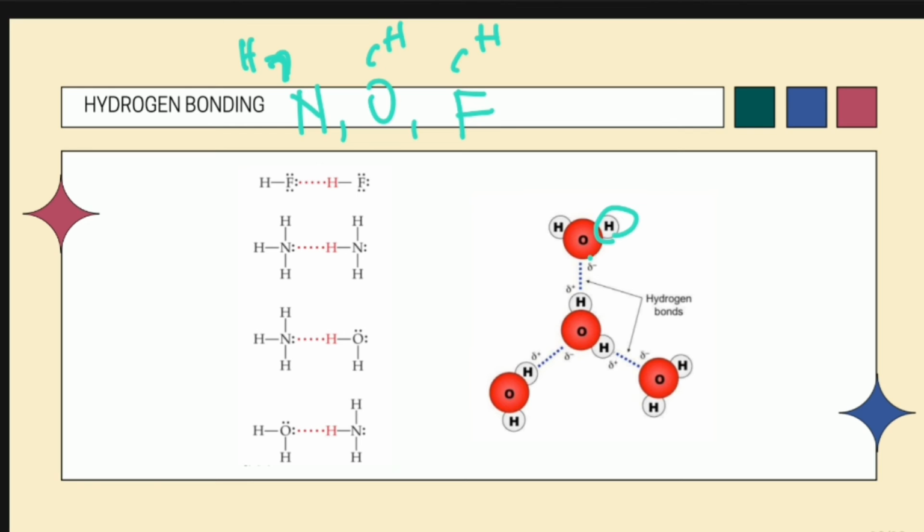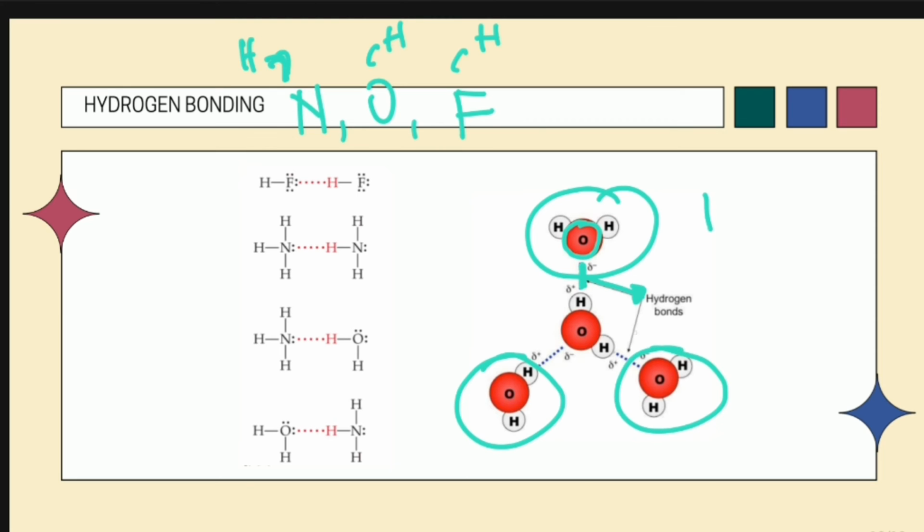So, for example, sa water molecule natin, hydrogen bonding ang tawag natin dito kasi it's a bond between an oxygen of another molecule to the hydrogen of another molecule. So, ito, isang molecule na to ni water, another molecule ni water, another molecule ni water, and another molecule ni water.